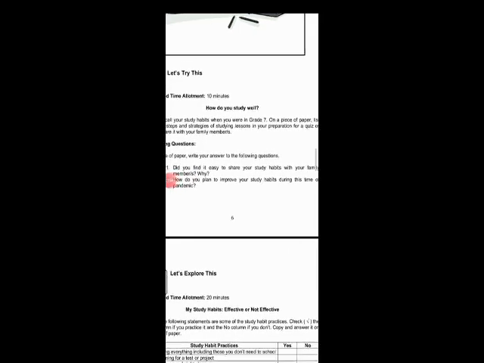After that, you need to answer the process questions, answers only. We have 2 process questions here. First, did you find it easy to share your study habits with your family members? Why? As mentioned in the instruction above, you need to share it with your family members, so question number 1 is related to that instruction.